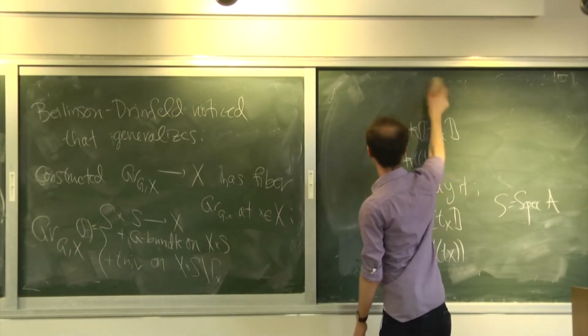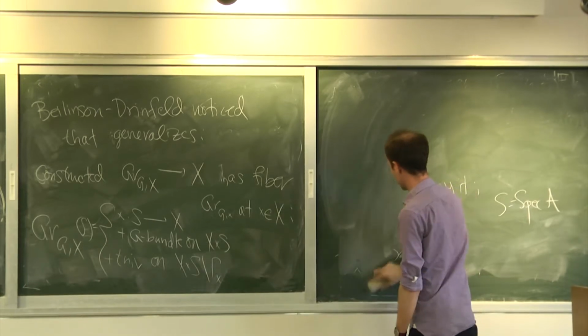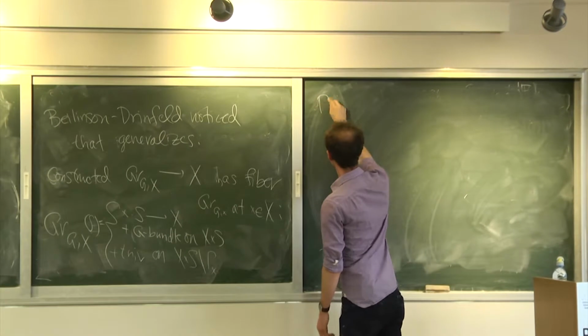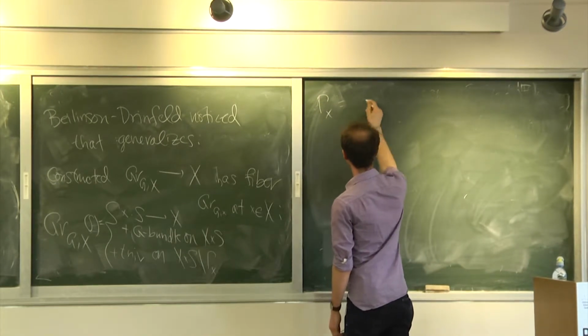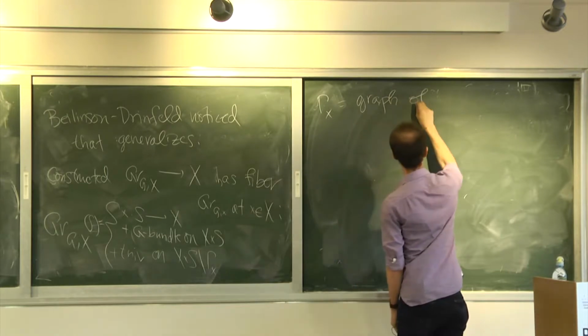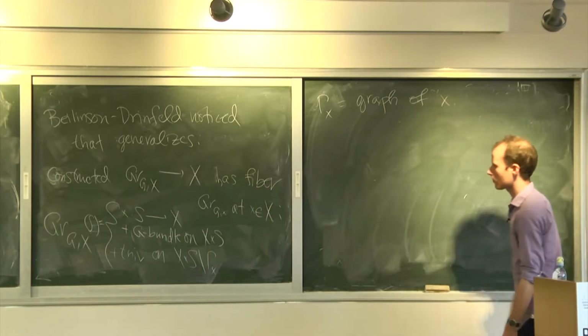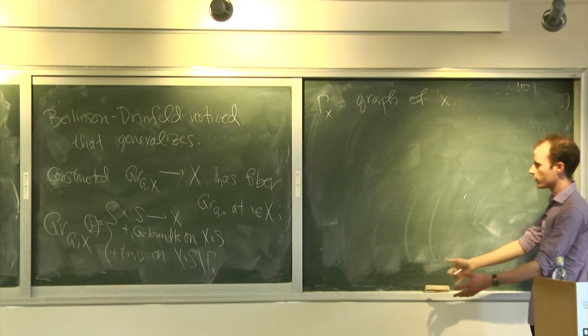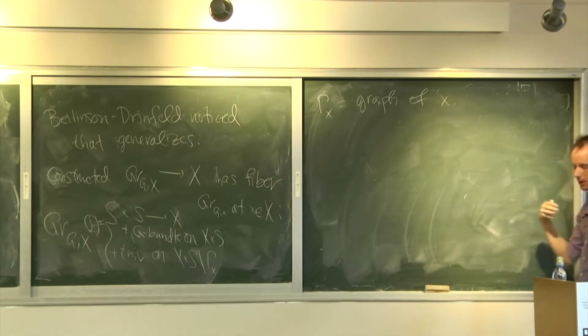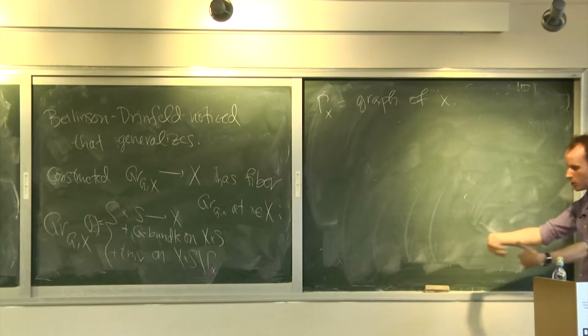So it's some copy of S that lives inside of X cross S. So here, gamma x is the graph of the map x.